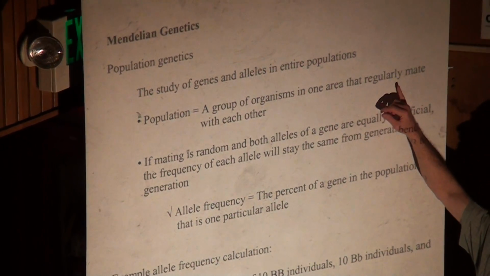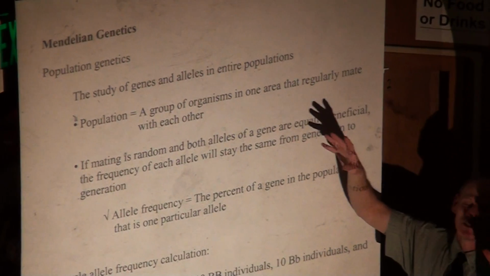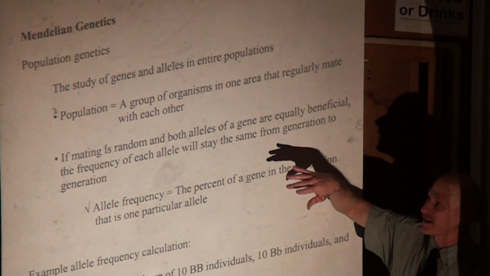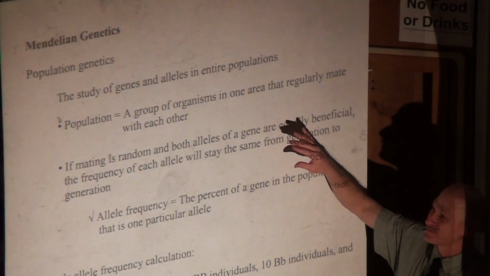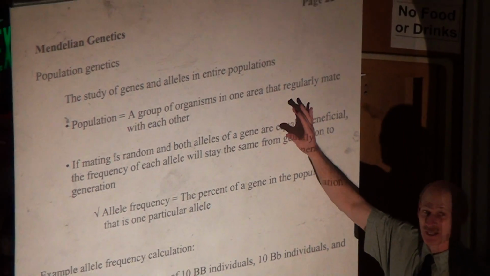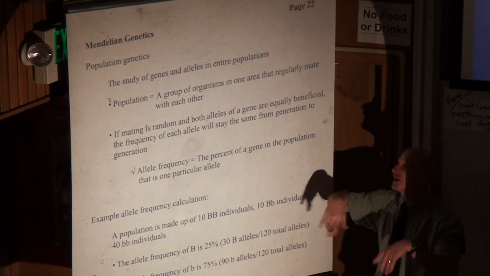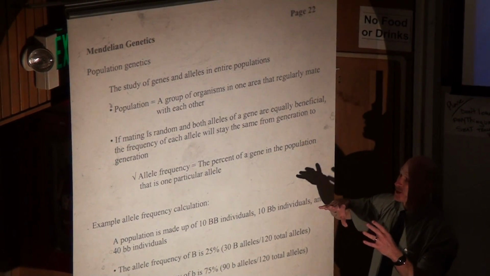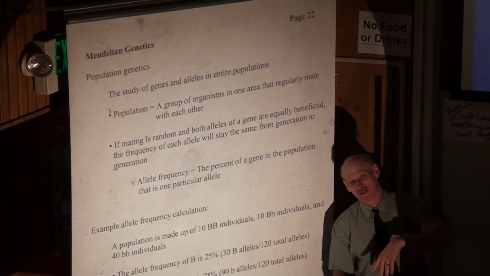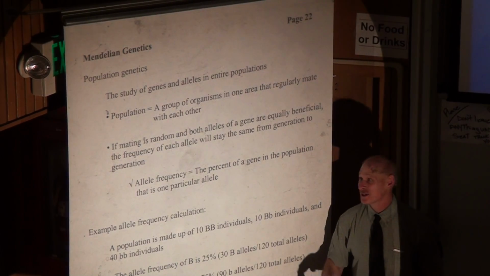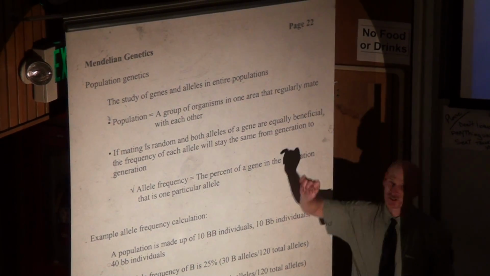Whether or not they regularly mate with each other, I'm not exactly sure, but the point is that people are coming in and out of the area all the time. For a true population, you do need the organisms to mostly stay in one area and constantly be breeding with each other. You don't want individuals coming into the group or leaving the group.